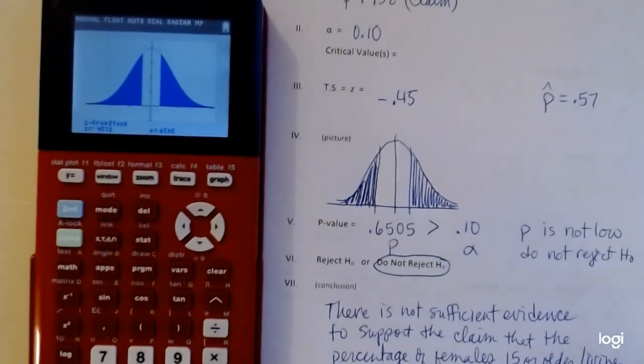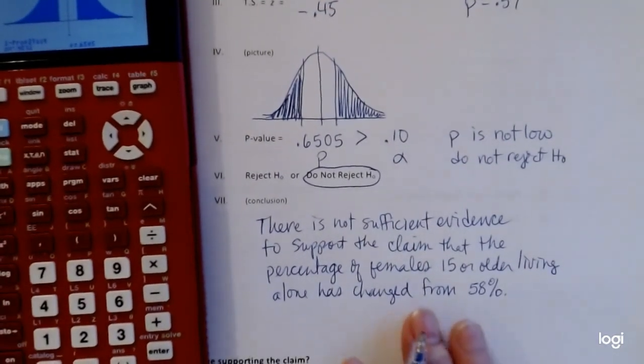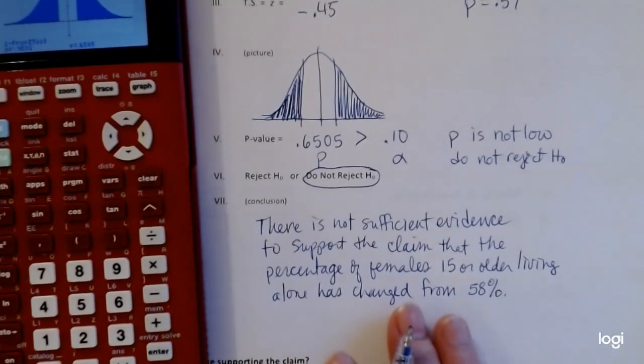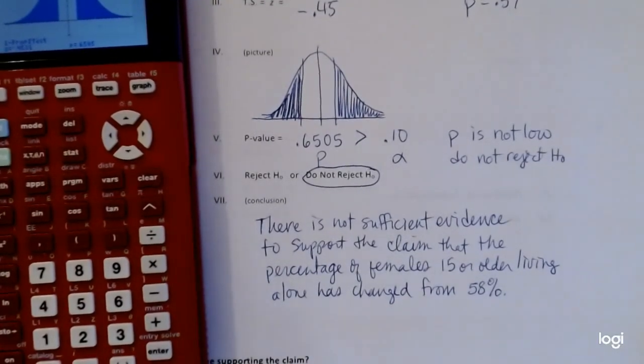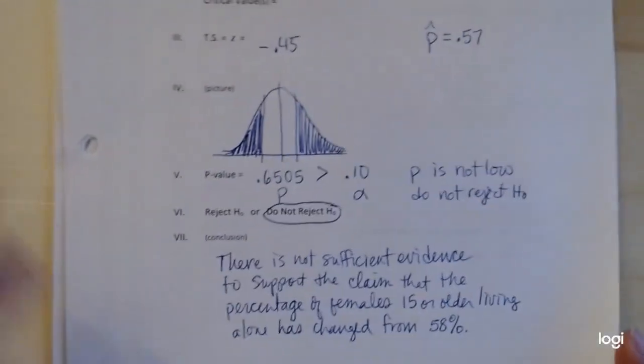And we can put in the original value to make it a little clearer. So there is not sufficient evidence to support the claim that the percentage of females 15 or older living alone has changed from 58%. That's what we have concluded here.